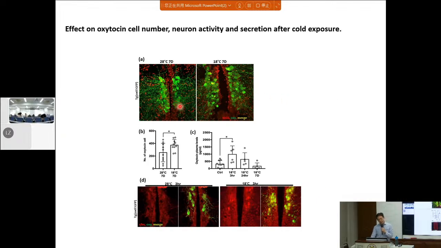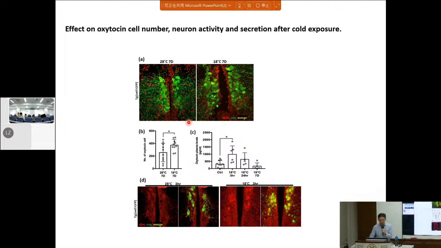When we checked the oxytocin cell number, we found that after 7 days of treatment, the cell number increased. And when we used c-Fos as a marker to check the neural activity, we found that after 3 hours of transfer to the cold environment, the oxytocin neuron is activated, suggesting that from the 3-hour transfer, the oxytocin starts to be secreted into the circulation system.